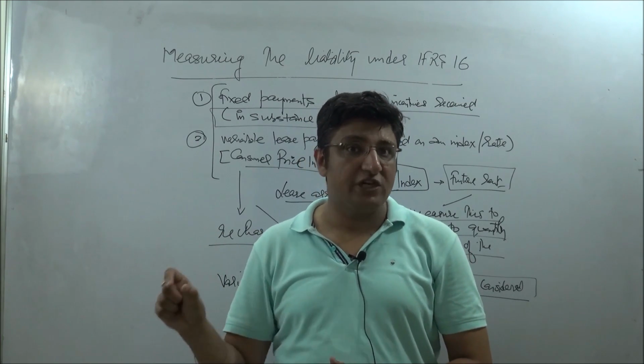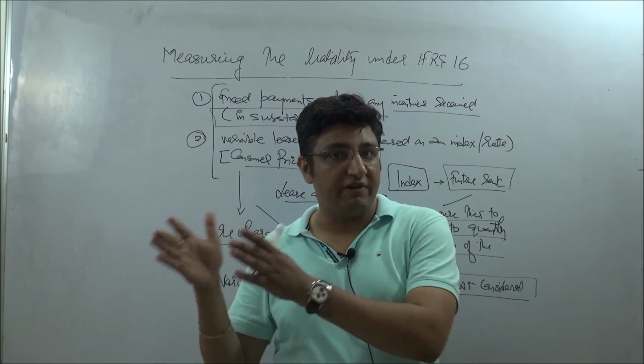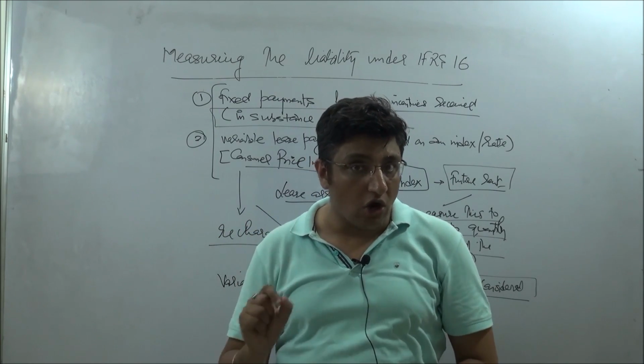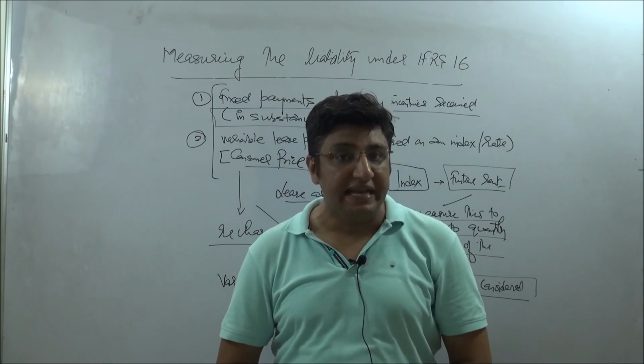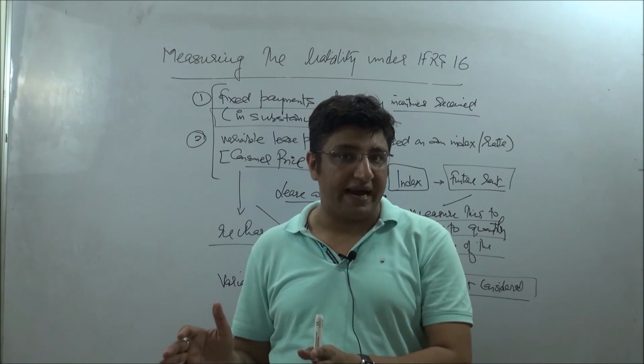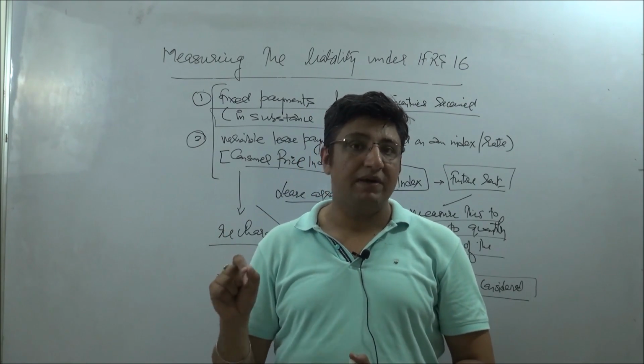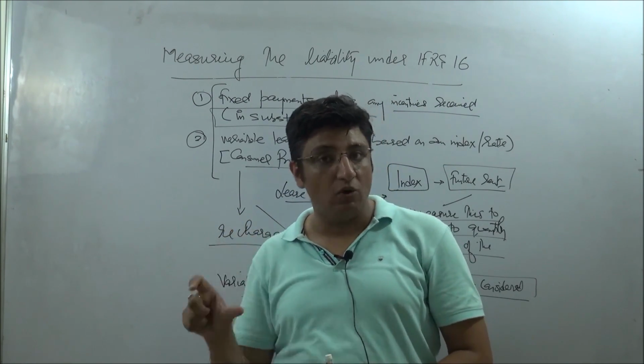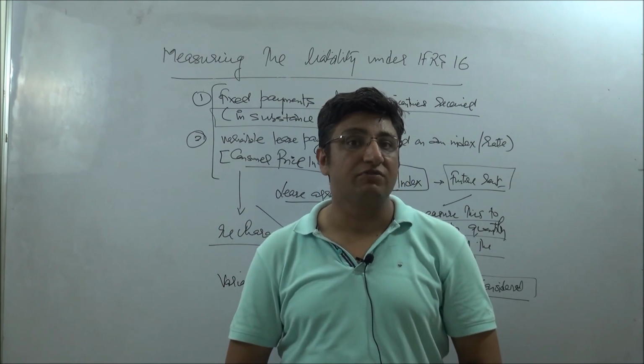This contingent rent, this rent which is based upon the value of sales, is not considered as a part of lease liability, despite the fact that this amount could be significant in terms of the value.